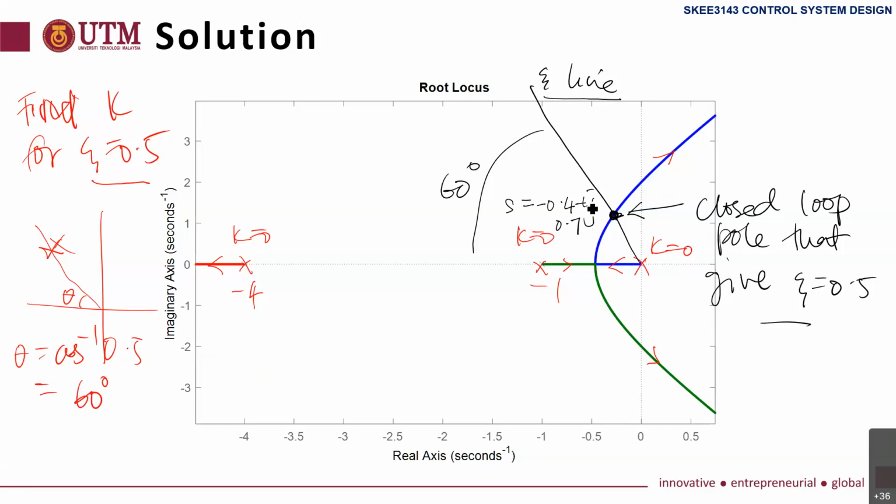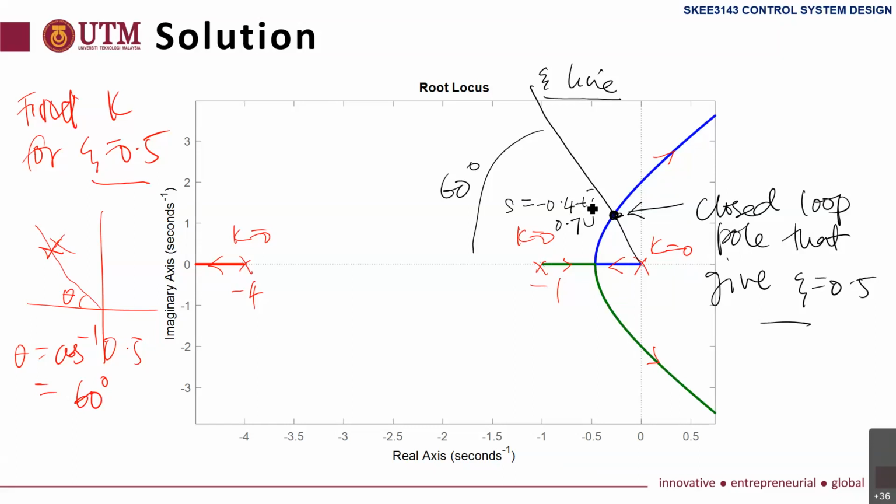I want you to do this because in the final exam, the root locus will be given on graph paper, and you will be asked to find the pole to obtain a certain specification, in this case 0.5 damping ratio.